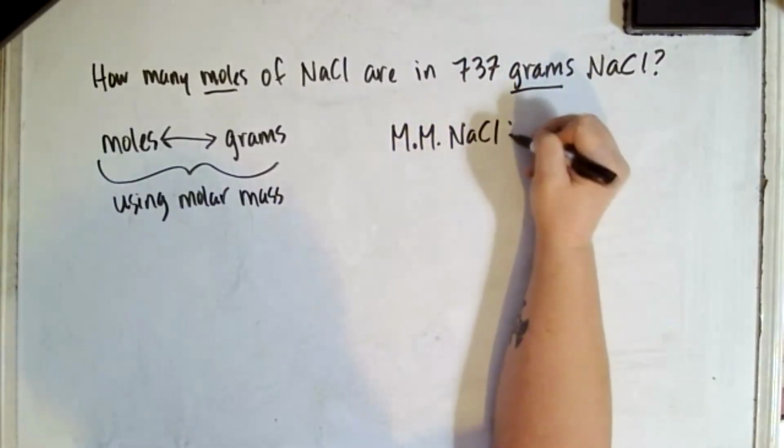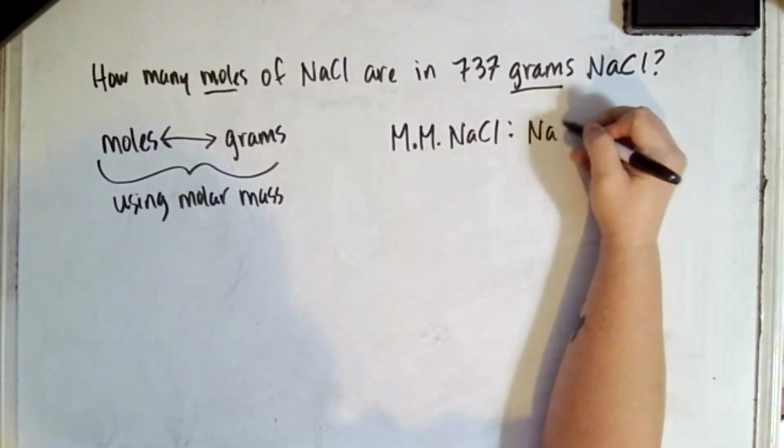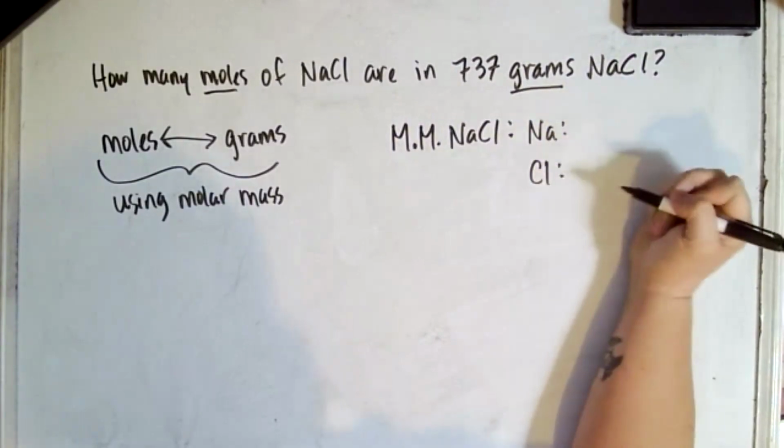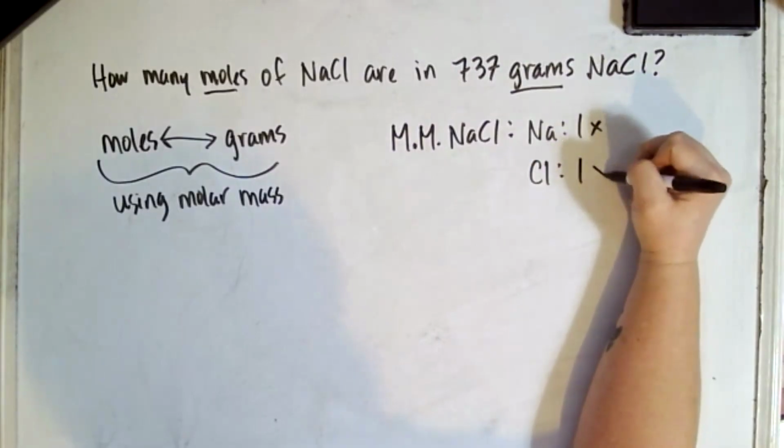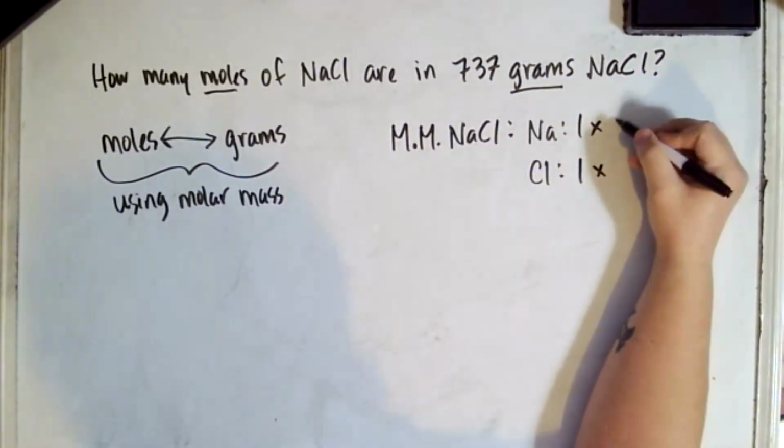So we take the mass of 1 sodium and the mass of 1 chlorine, and add them together because we only have 1 atom of each in this compound.